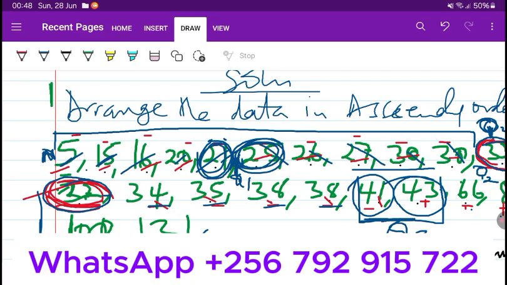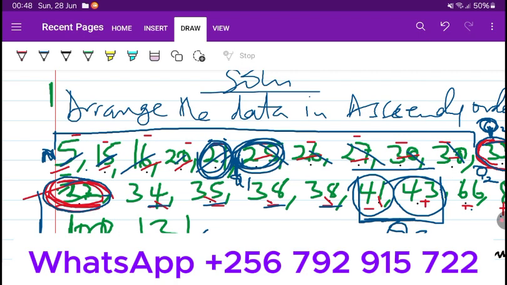Now we go to the upper limit. The upper limit was 71, and any value that is above becomes an outlier or an extremely high value.